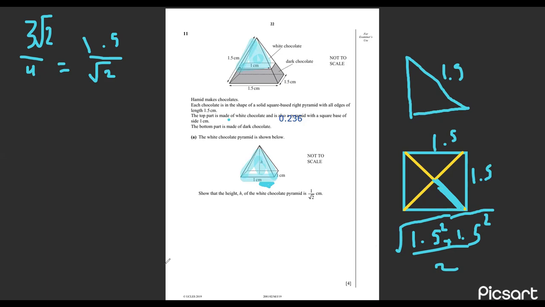So here is root 2, and here we get the height of this. If we get the height, we can apply the rule for the volume of the pyramid.